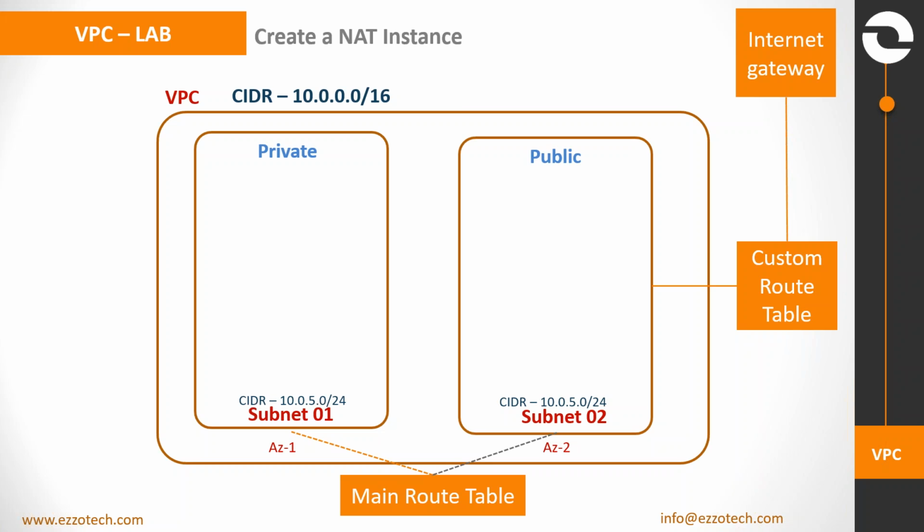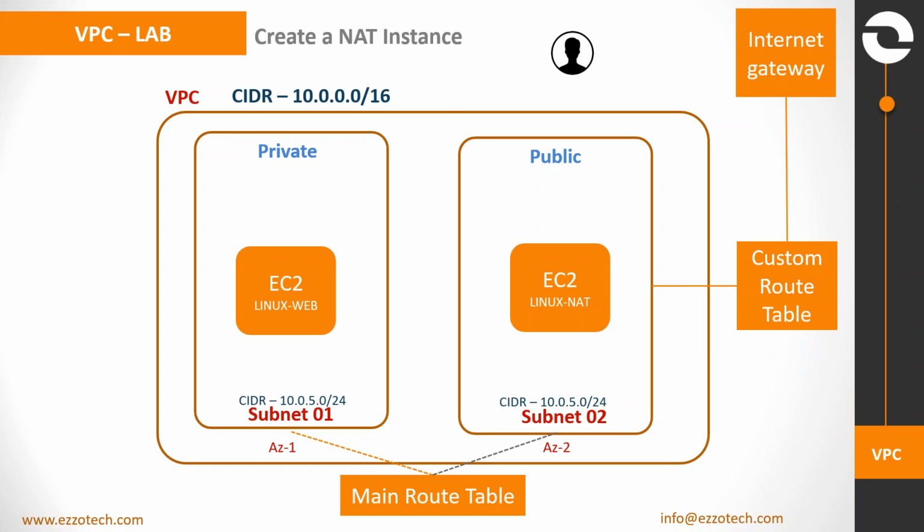Fine. Now let's launch one instance in the public subnet and one instance in the private subnet. And I have my user here who wants to communicate to the EC2 instances which I have launched in these two subnets. So let's take the first scenario where my user is trying to connect to the EC2 Linux instance in the public subnet.